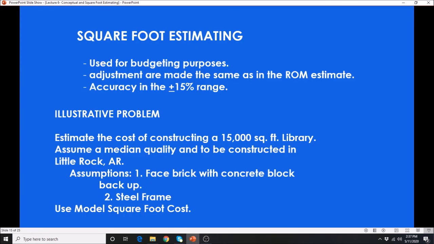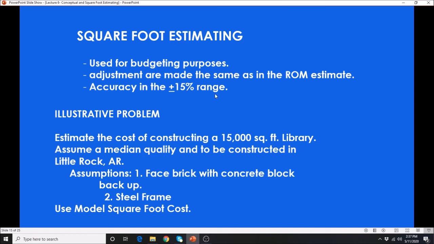Alright, so the square foot estimating is what we call the preliminary estimate. Some elements, items, methods, or materials involved in the project are already identified. That's the reason why they call it square foot estimating.